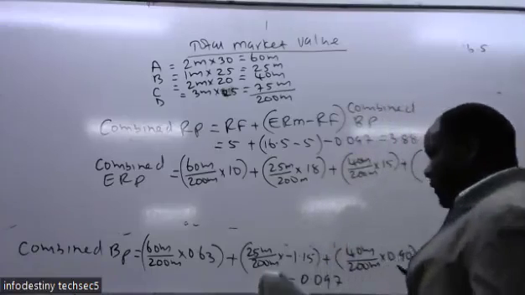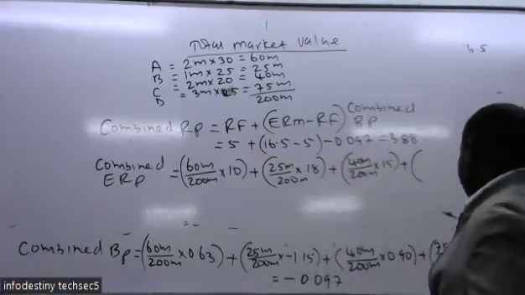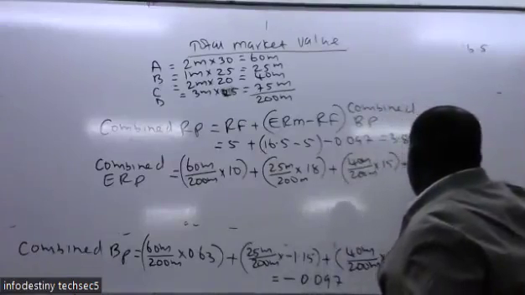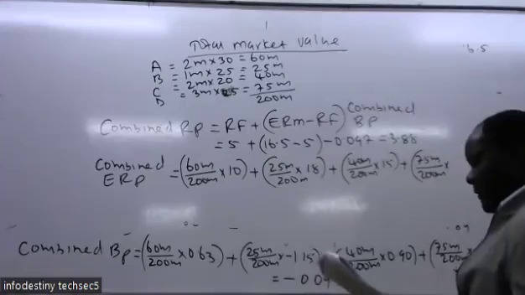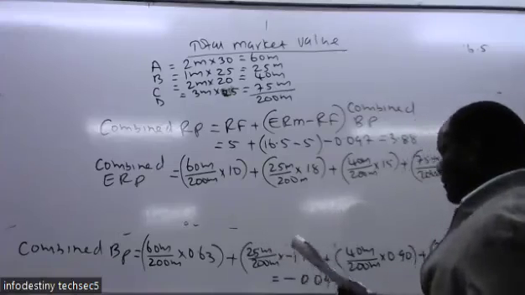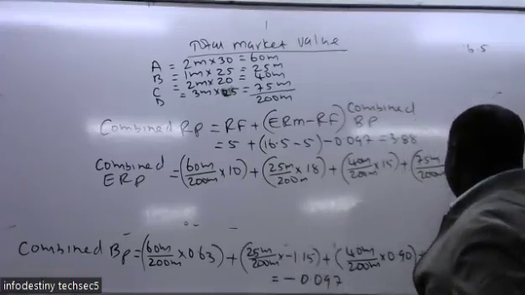Then the next one we take 75 millions divided by 200 millions. This one we multiply by 30.